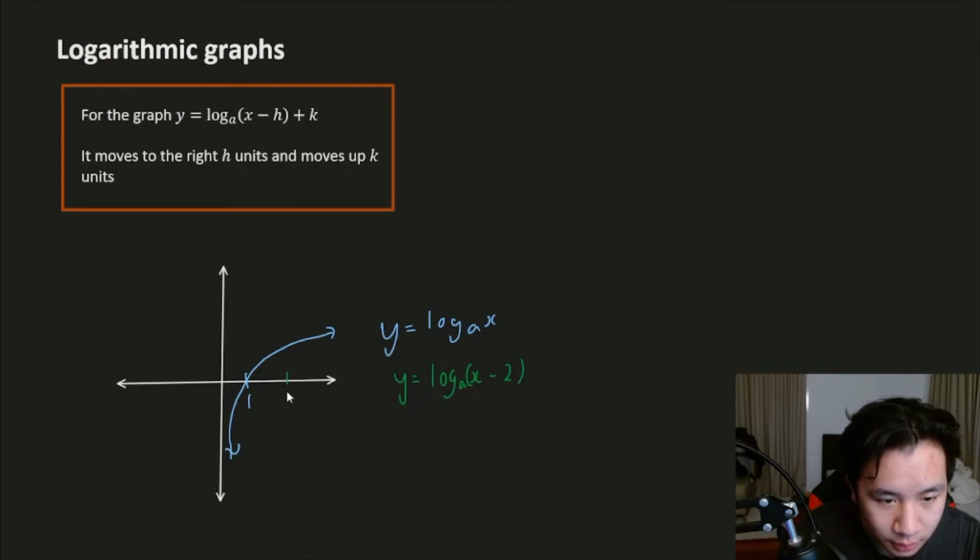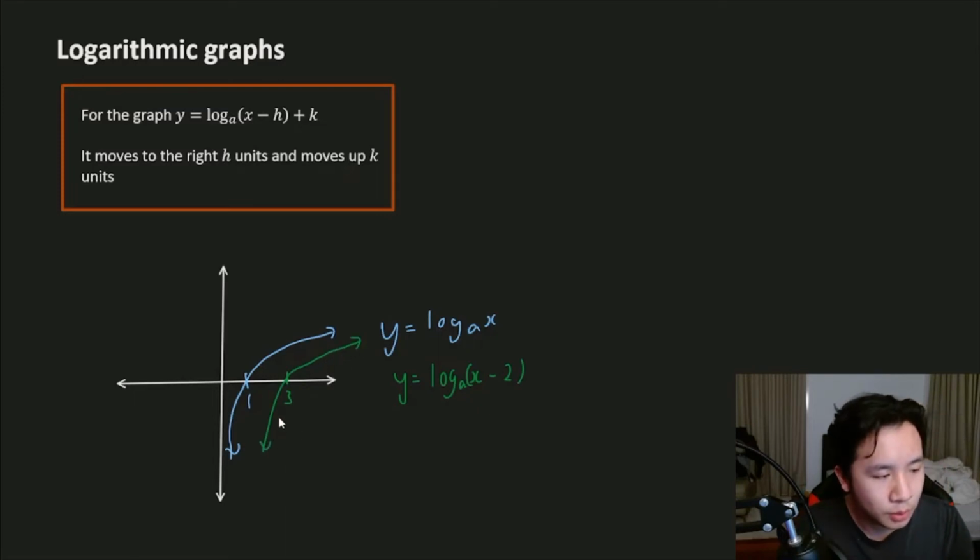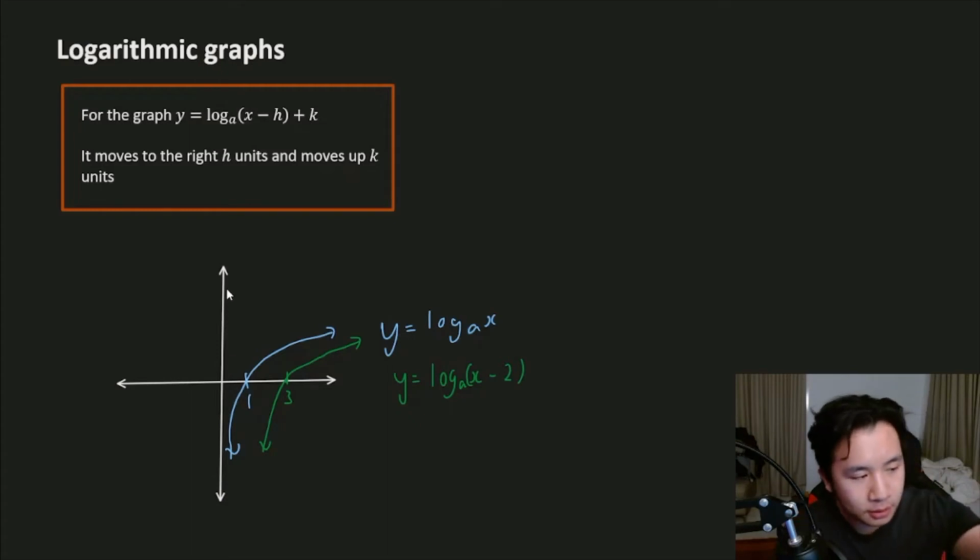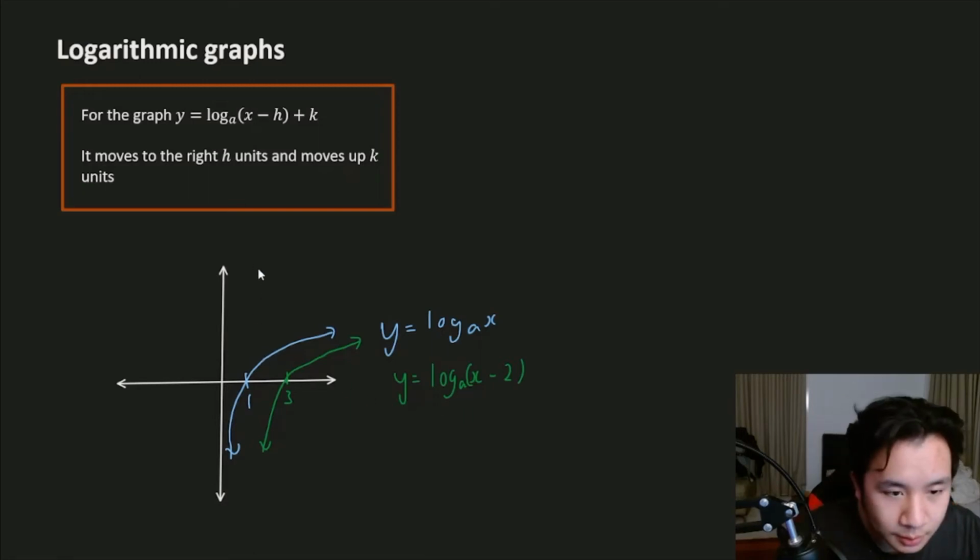So the intercept will be at 3, and it'll look exactly the same, but just shifted to the right 2 units. What's also important to note is that the original asymptote is x equals 0. And now, since we moved to the right 2 units, the asymptote will actually be at x equals 2.